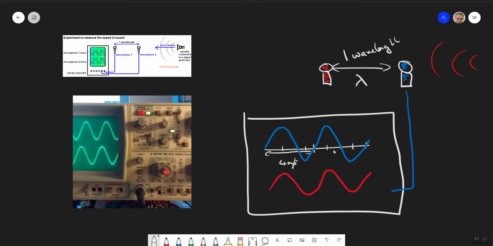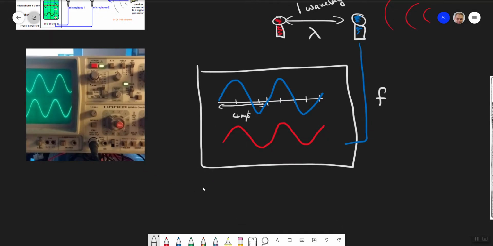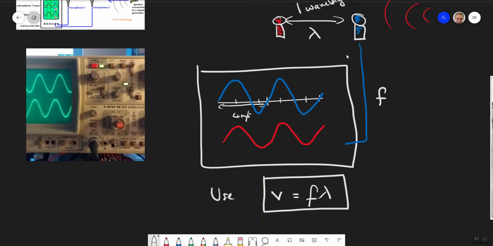Then I can calculate the frequency using the oscilloscope. And with that, I can use the equation v equals f lambda. You get the lambda from measuring the distance between two microphones. You get the frequency from using the oscilloscope itself.